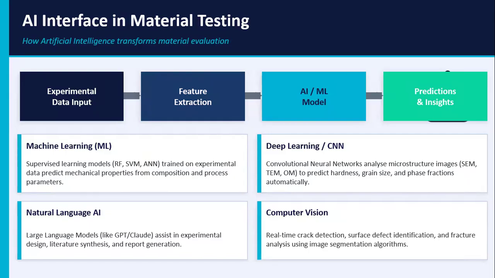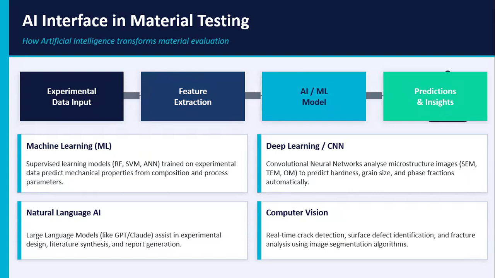Now let us get into the AI interface in material testing. Artificial intelligence enhances every stage of material evaluation. Experimental data are collected and processed through feature extraction techniques. Machine learning models can learn relationships between material parameters and mechanical properties.